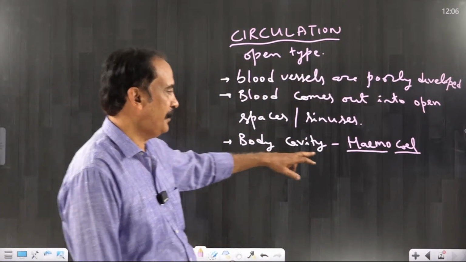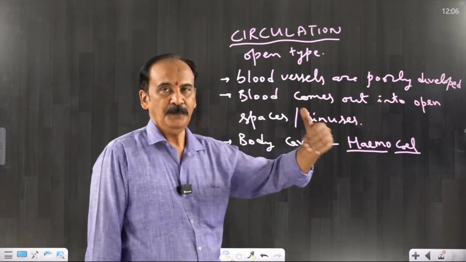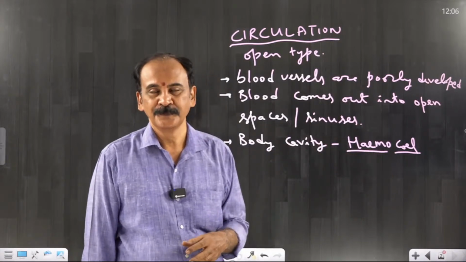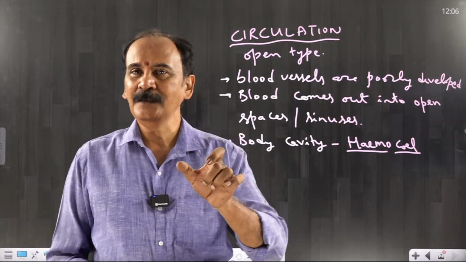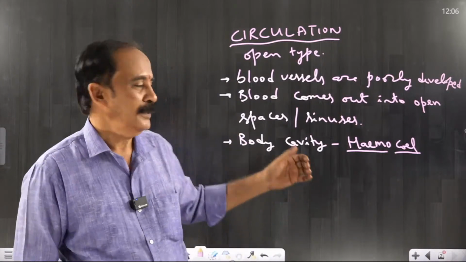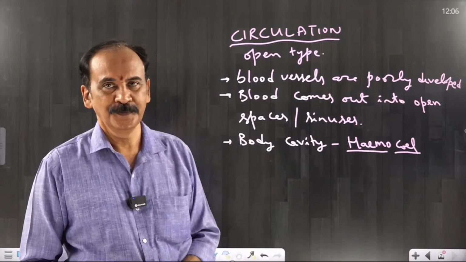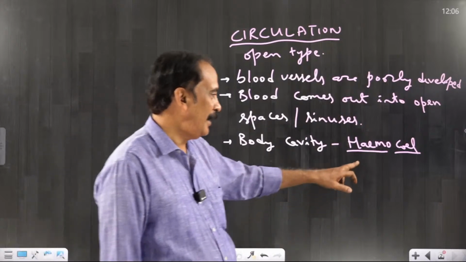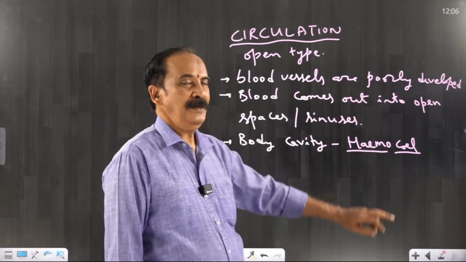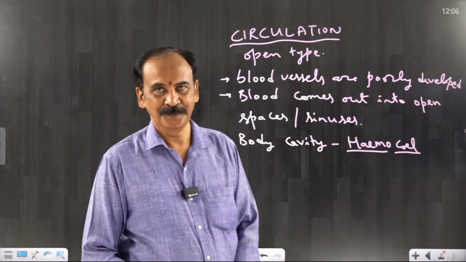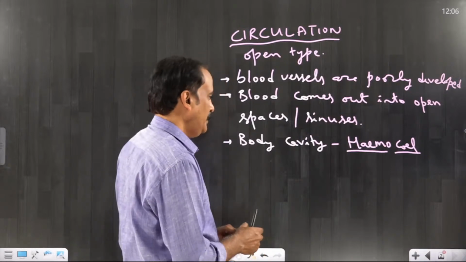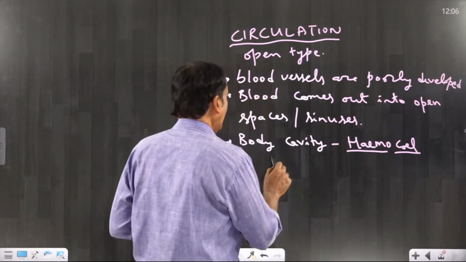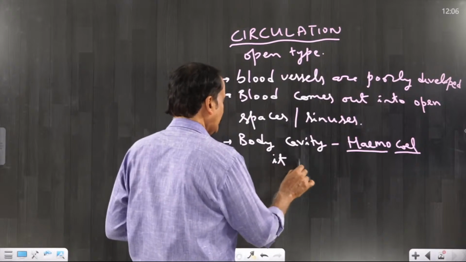Wherever you get the prefix heme, it refers to blood. So as the body cavity contains blood, it is named hemocoel. Right? Body cavity in cockroach is called hemocoel because it contains blood.